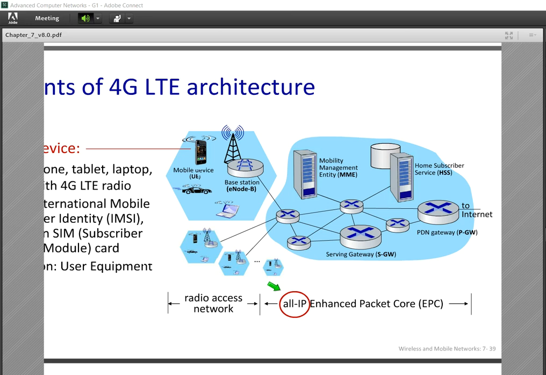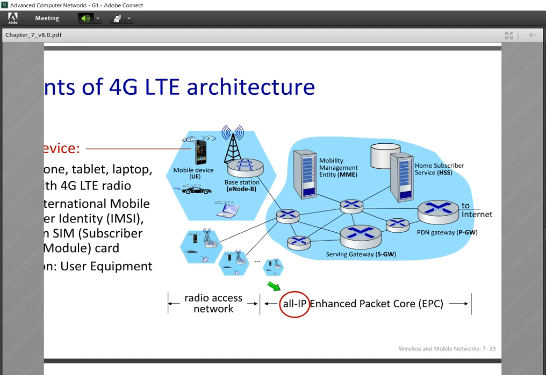But in the third generation, for the first time, we can see there are some IP backbones in cellular networks, but just some parts of networks use IP technology. But in 4G, the backbone of the network is fully IP-based technology.